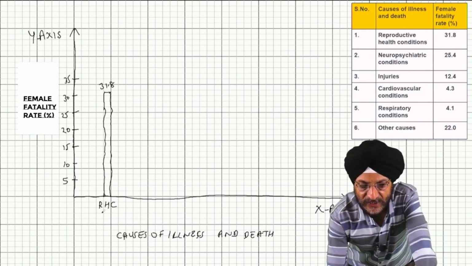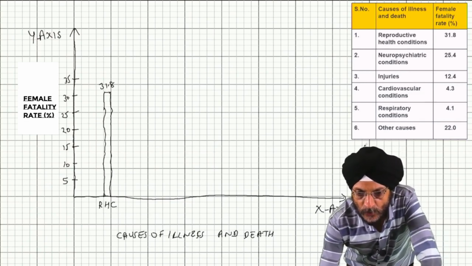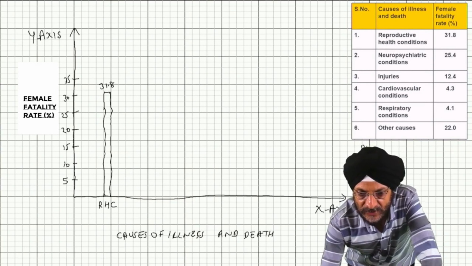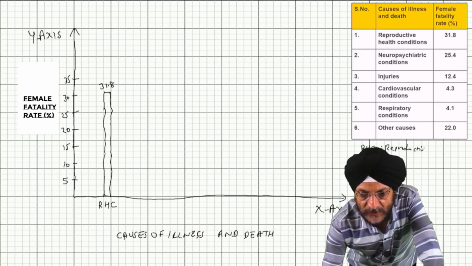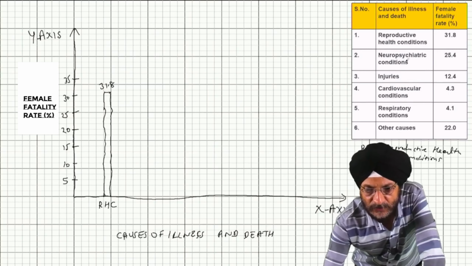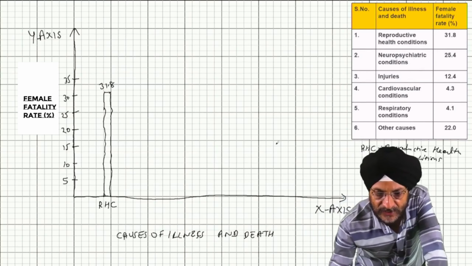As I am mentioning in short words, you can here mention RHC, reproductive health conditions. Now, next we take neuropsychiatric conditions.